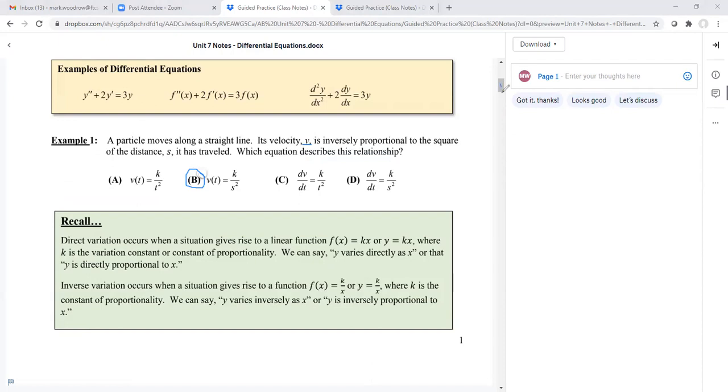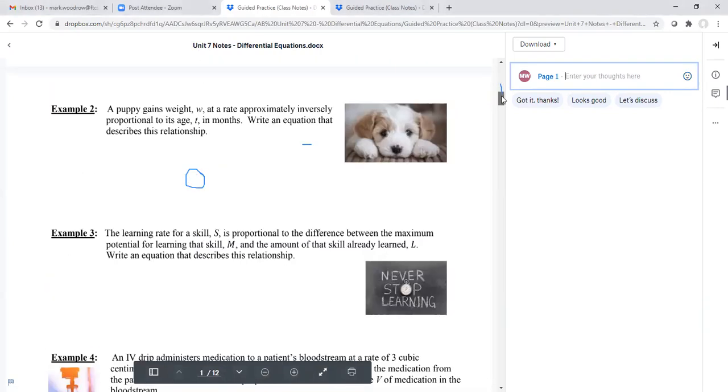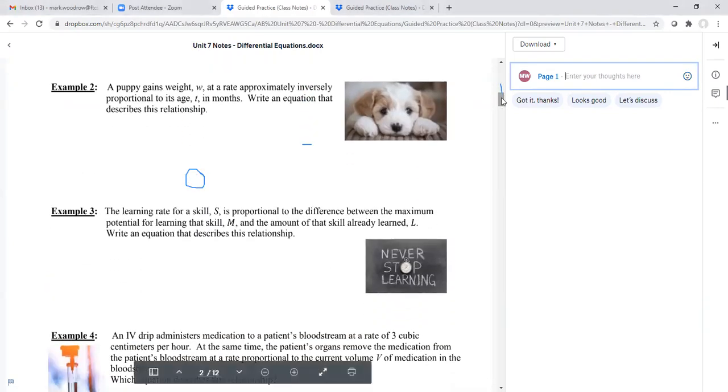Coming on down here to the next problem. A puppy gains weight, W, at a rate. Okay, now this says at a rate, so what that means is this is a derivative.